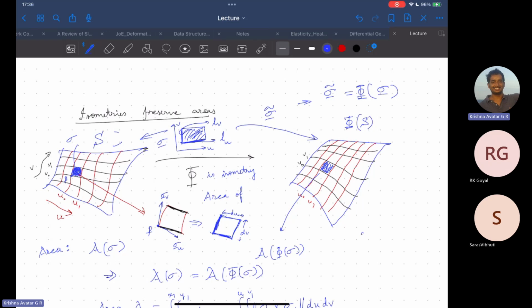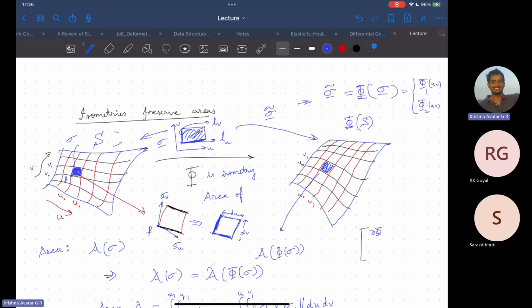So say we have this matrix phi, which will be composed of two components, phi 1 and phi 2, and this is a function of uv, and this is also a function of uv.